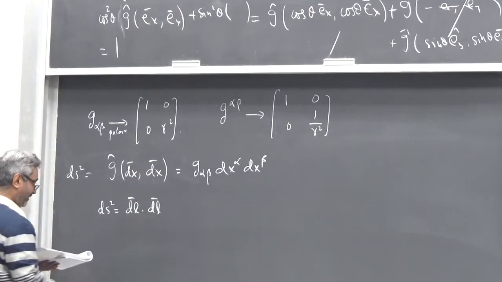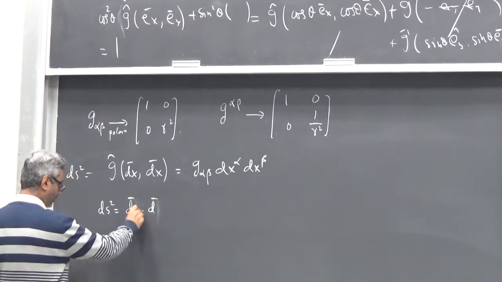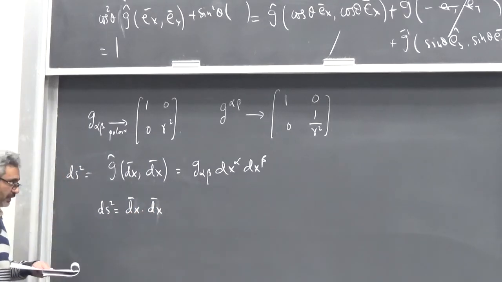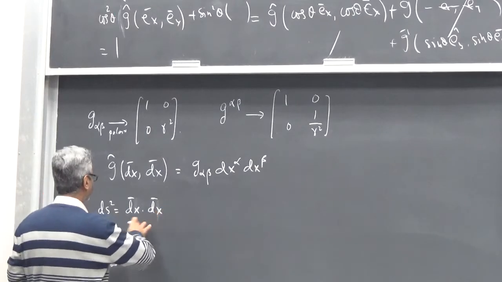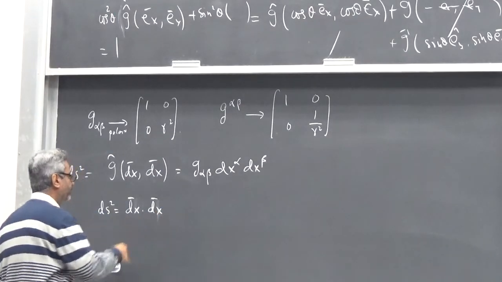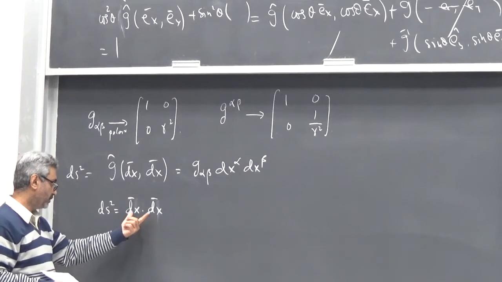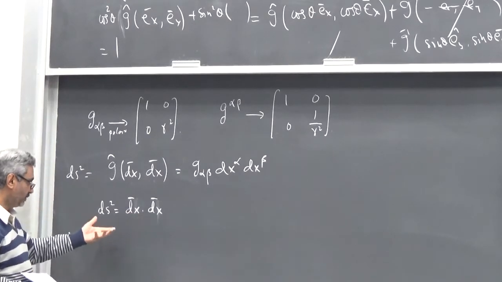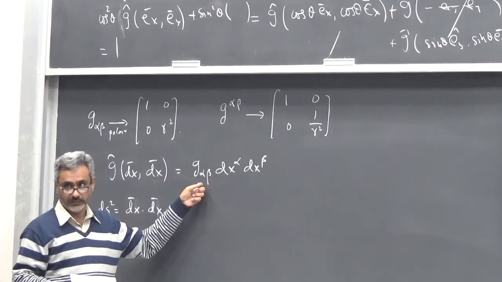For some reason I'm writing dl dx. So if you already know what this infinitesimal length squared is, then you basically have information on G alpha beta.